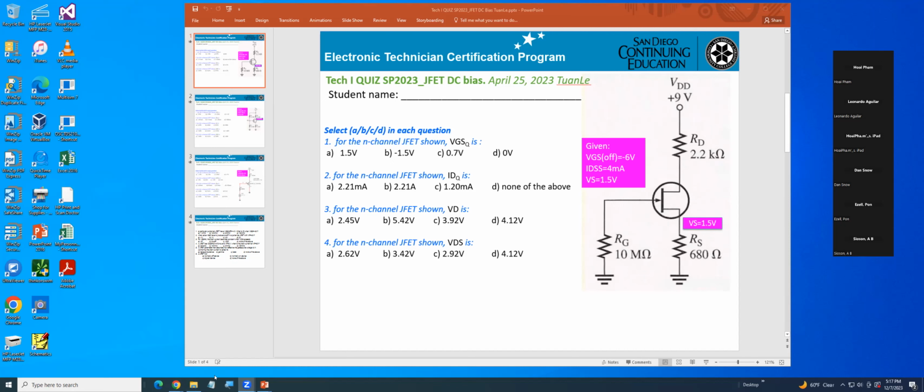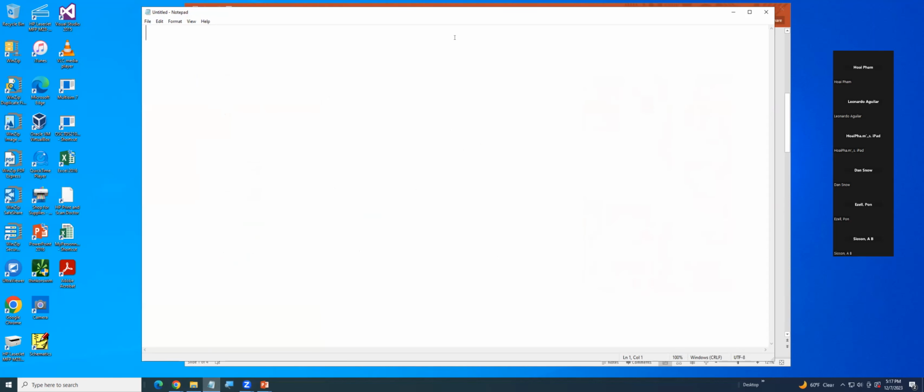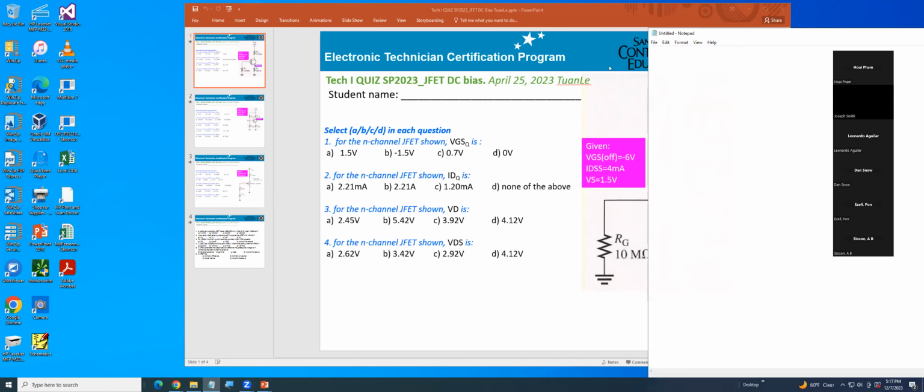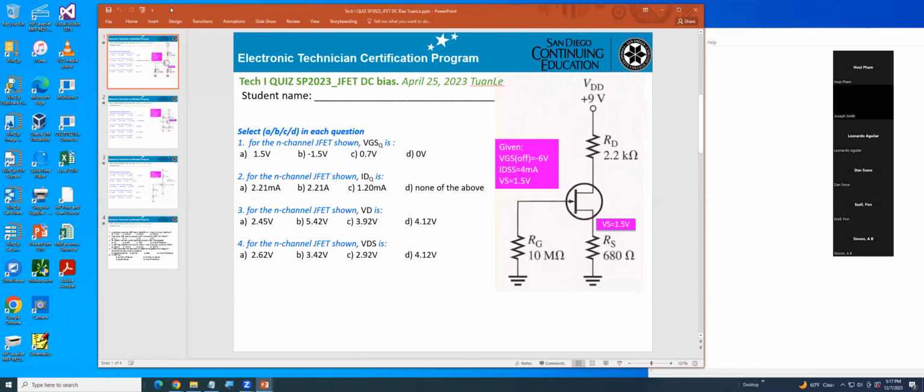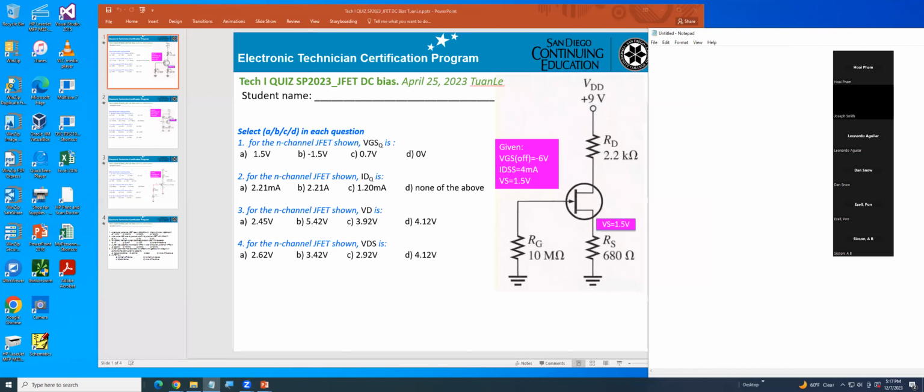Is that fixed bias? Tell me what type of bias.